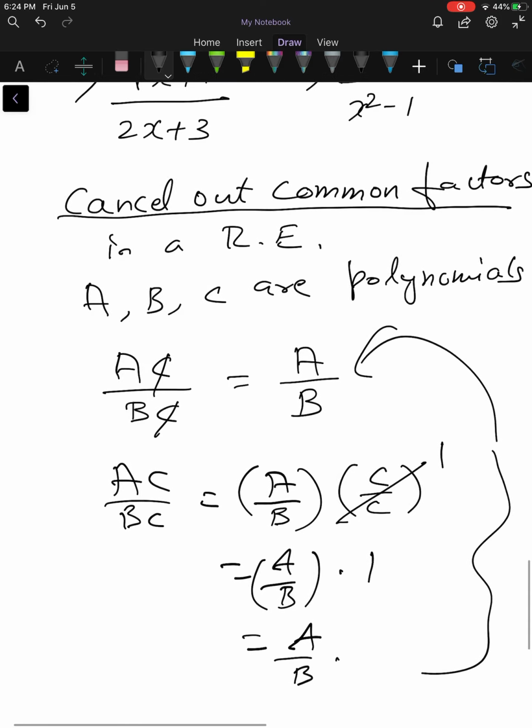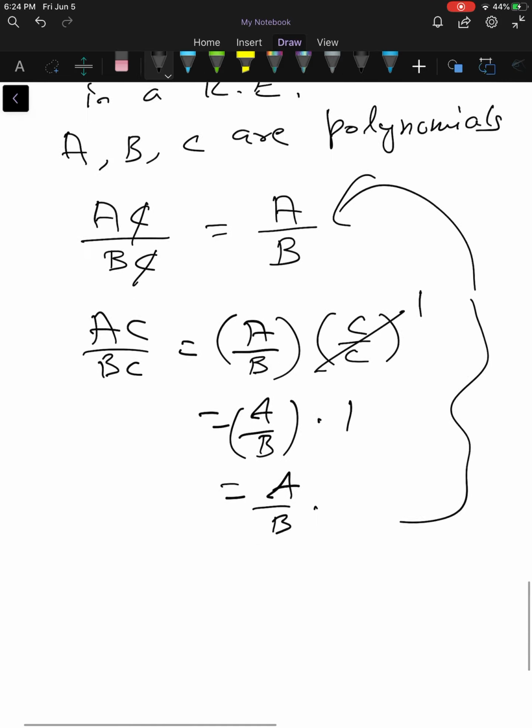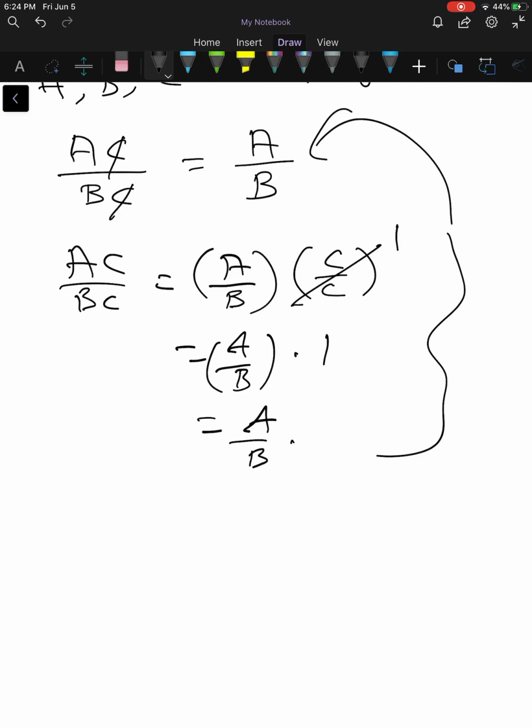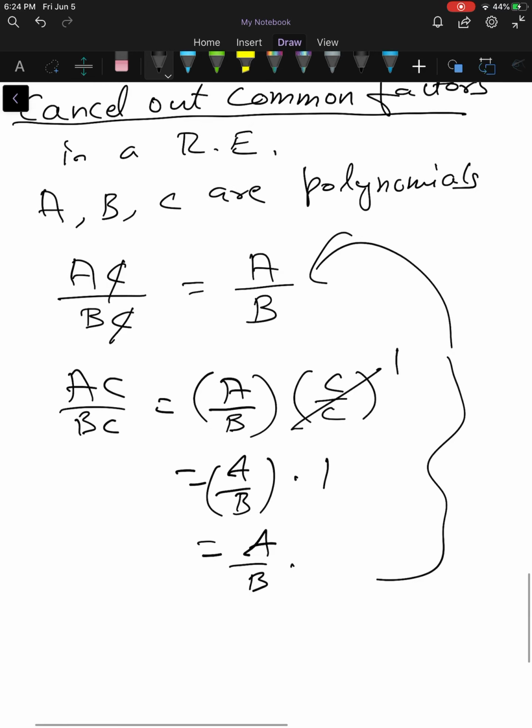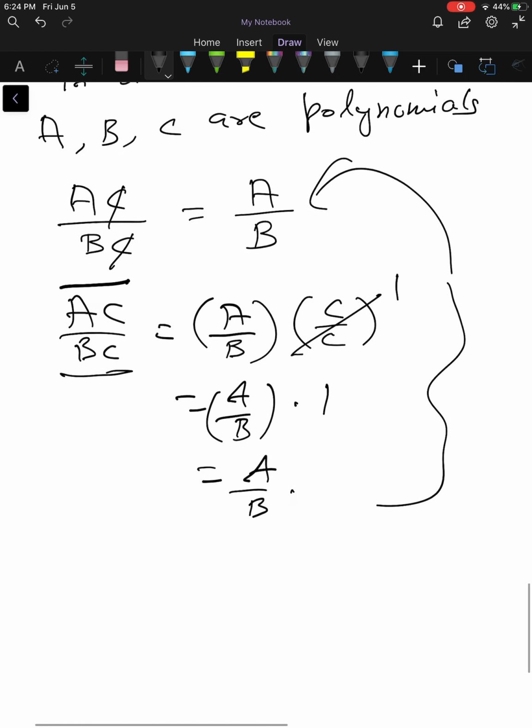So you need not write this process, which seems to be simple, but you prove all these things as you come to the higher level. So you can cancel it out directly. But it is not necessary that every time you can see the common factor so clearly visible when you are given a rational expression that needs factoring.